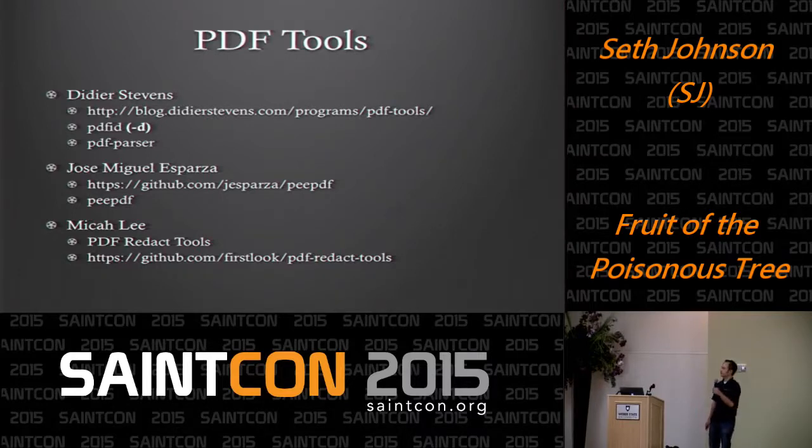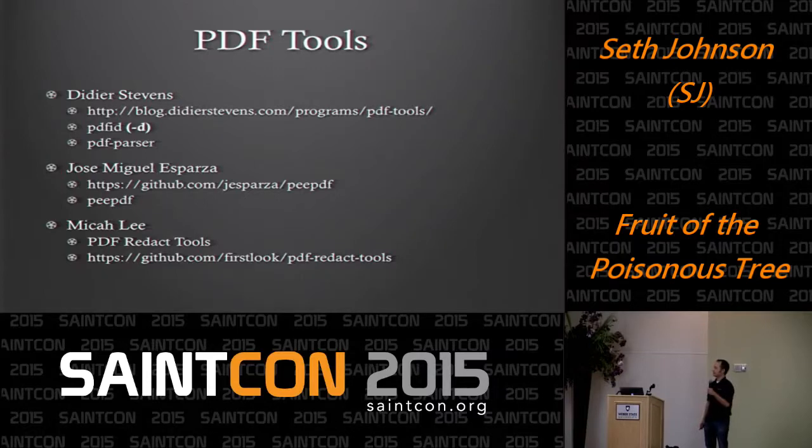Then he also has the PDF Parser, and PDF Parser is a much more in-depth tool. PDF ID is very, very simple. It doesn't do a lot of functions inside the PDF document, and the reason for that is because the more functionality you add to your tool for examining PDF documents that probably have or could have malware in them, the more likely you are to have some sort of vulnerability included in that PDF reader.